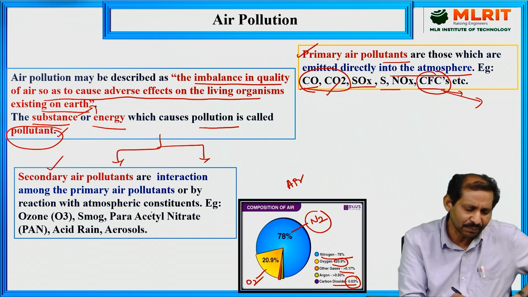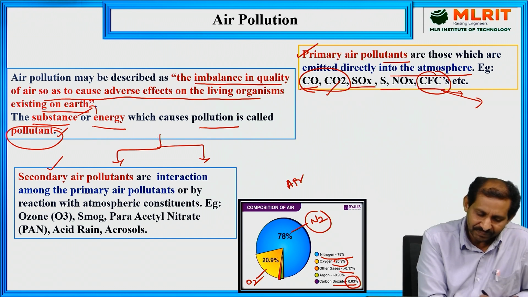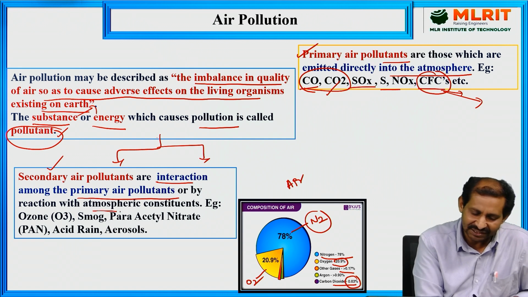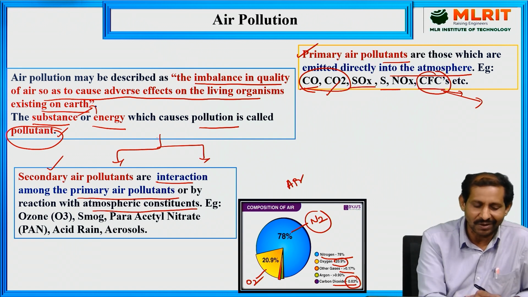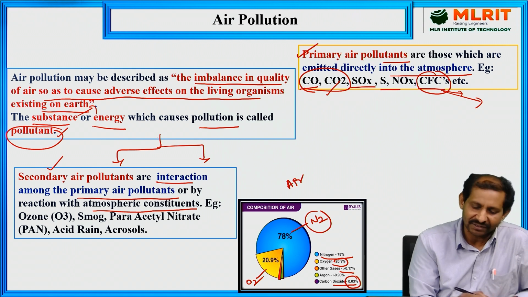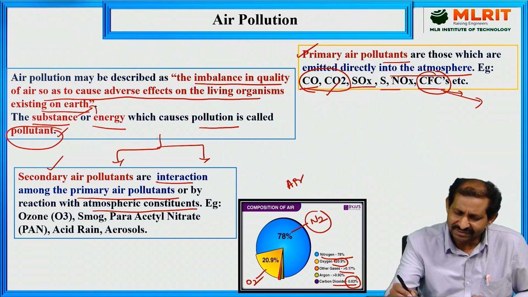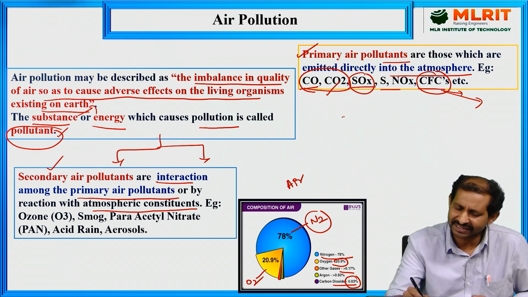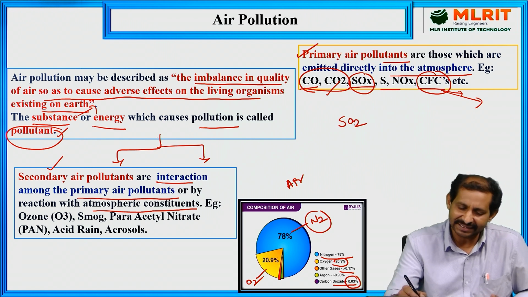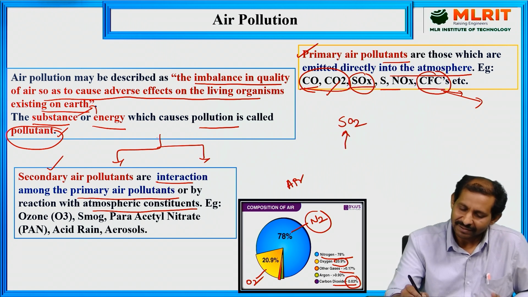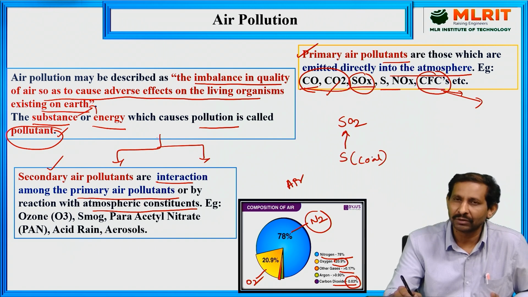A secondary air pollutant is formed by the interaction of primary air pollutants, or by their reaction with atmospheric constituents or chemicals. Take the example of sulfur dioxide. Sulfur dioxide is released from sulfur, which is more available in coal.